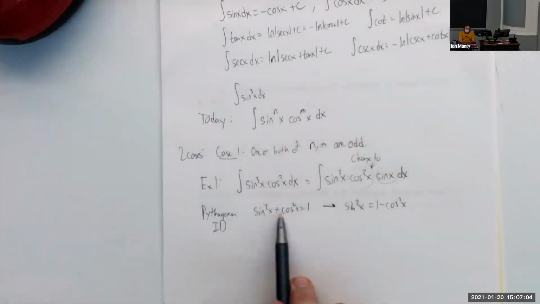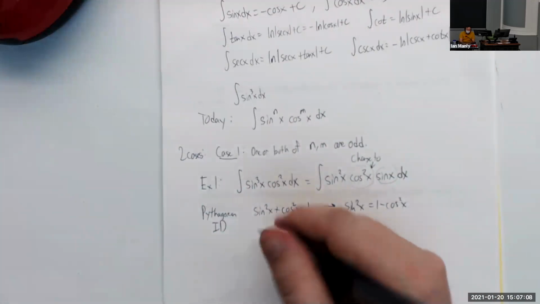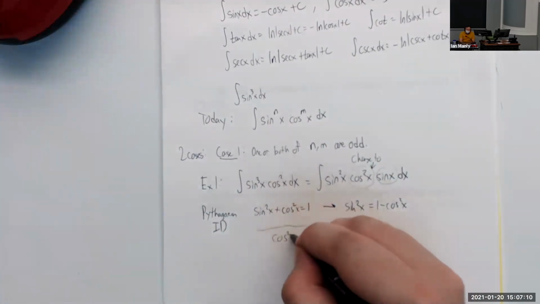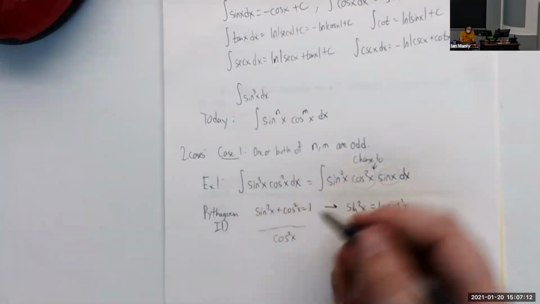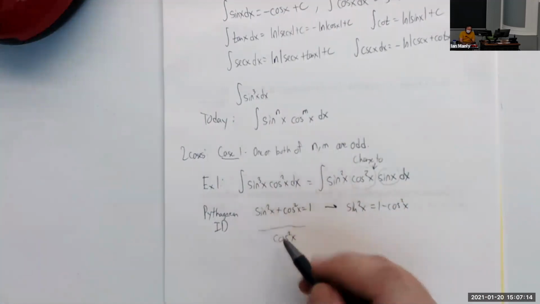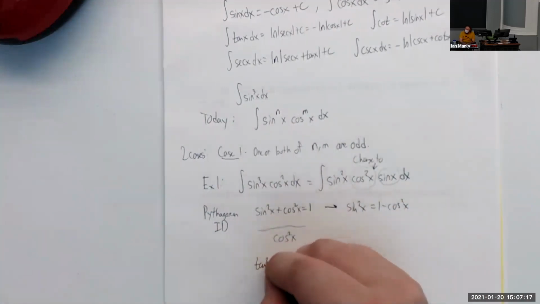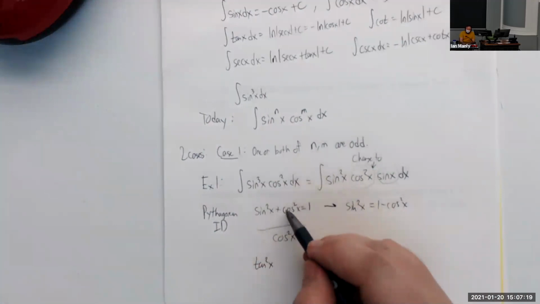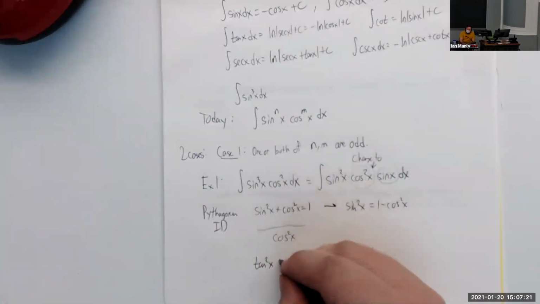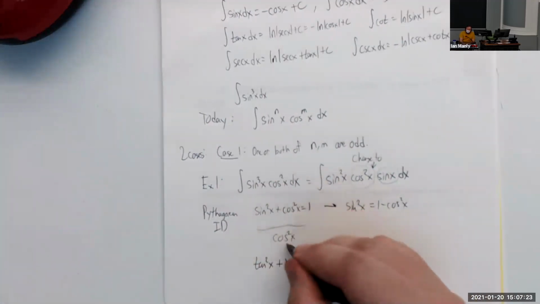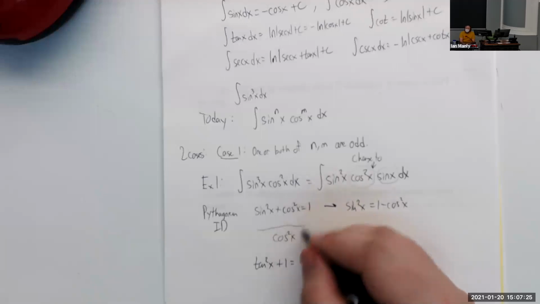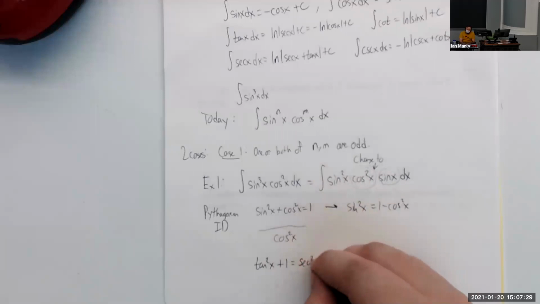If we take this equation and we divide everything by cosine squared, then I have sine squared over cosine squared is tangent squared. I have cosine squared over cosine squared is 1. And then I have 1 over cosine squared. What's that going to be equal to? Secant squared, that's right.